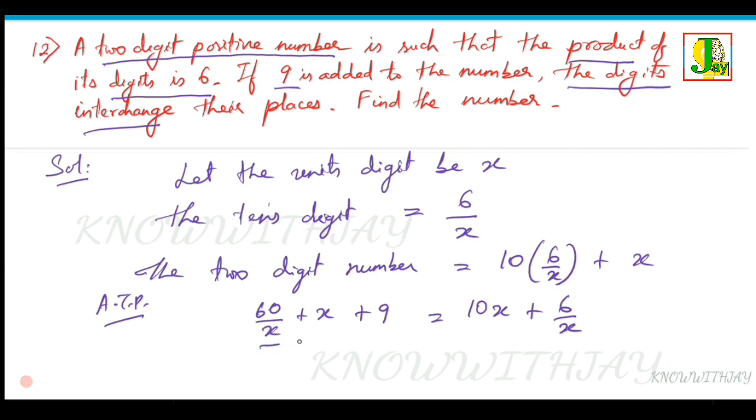So this is our original number 60 by x plus x, and this is our reverse number. If we add 9 to the original number, we get our reverse number. We have formed the expression according to the given condition.